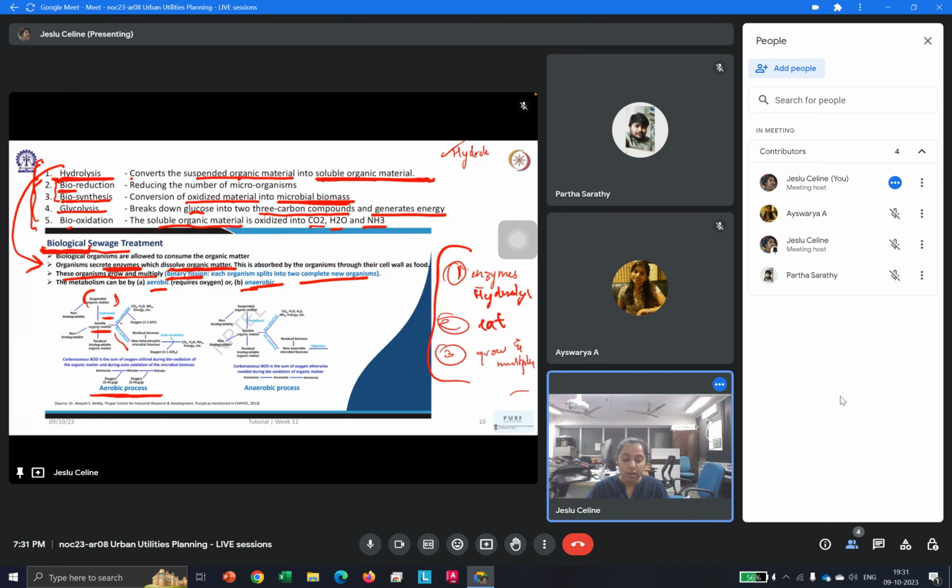The direction or path of our sewage treatment process is ideally this one. This is the path of our sewage process. Bioreduction is a byproduct.